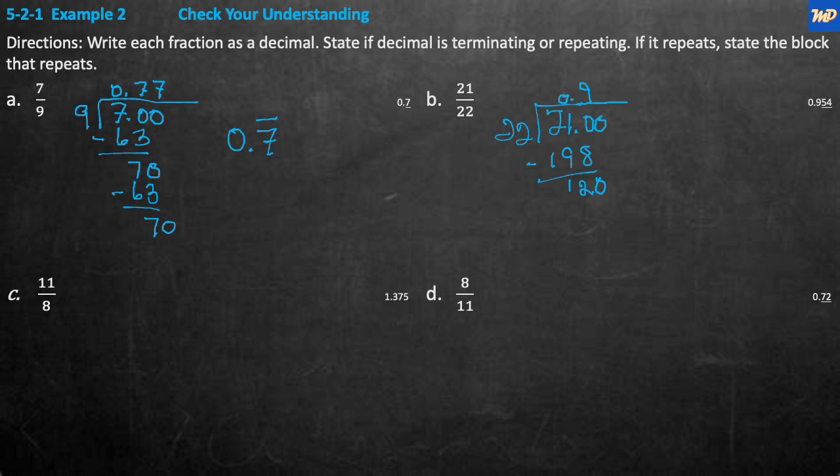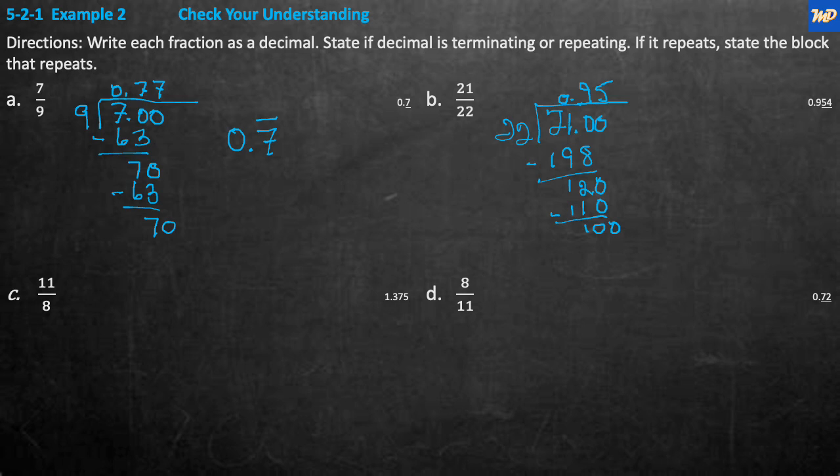Now does 22 go into 120? Yes, it does. How many times? Well, 5 times. 5 times 22 is 110. 120 minus 110 is 10. Bring down a 0.